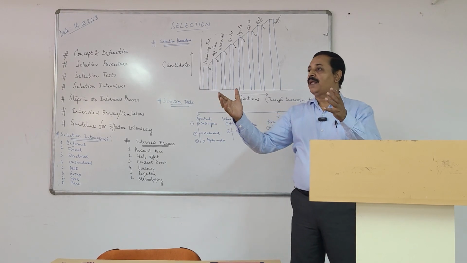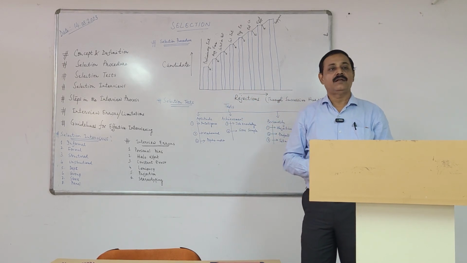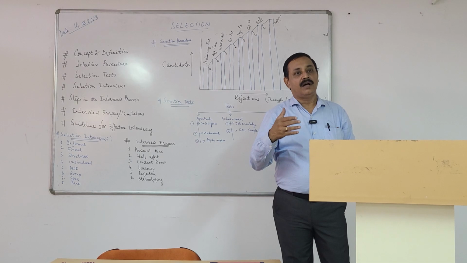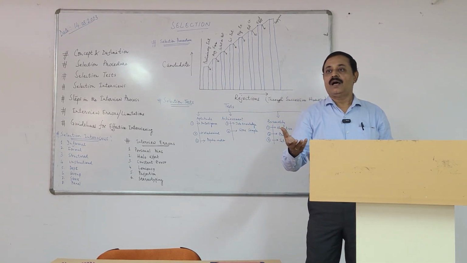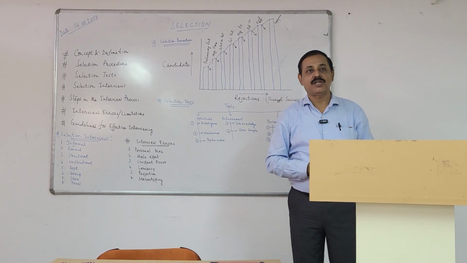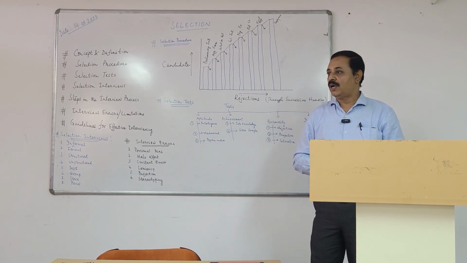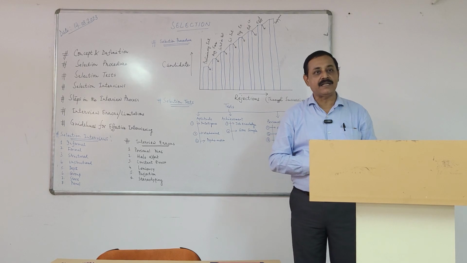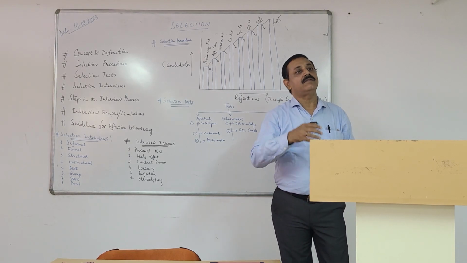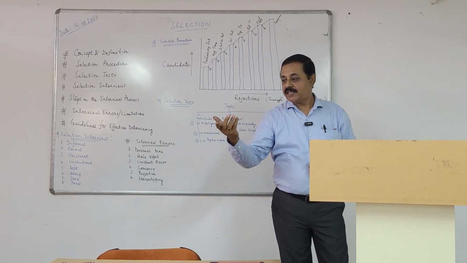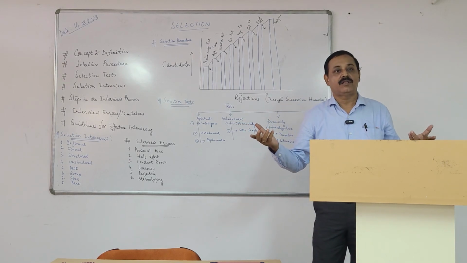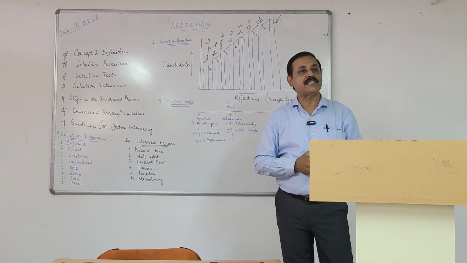In the reference check, the referee is actually approached by the concerned organization to get some information on the candidate, where it is said that confidentiality is maintained in this case.